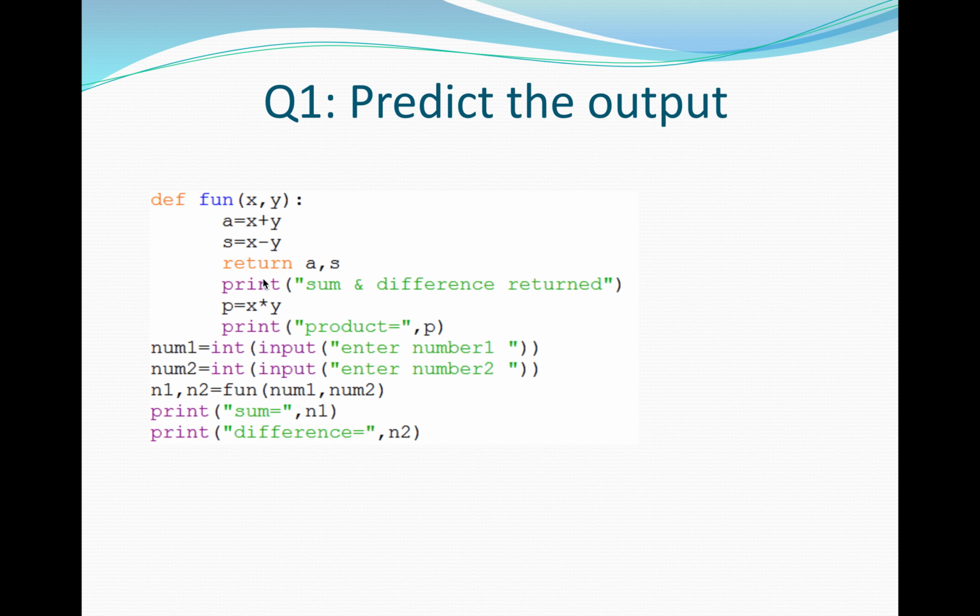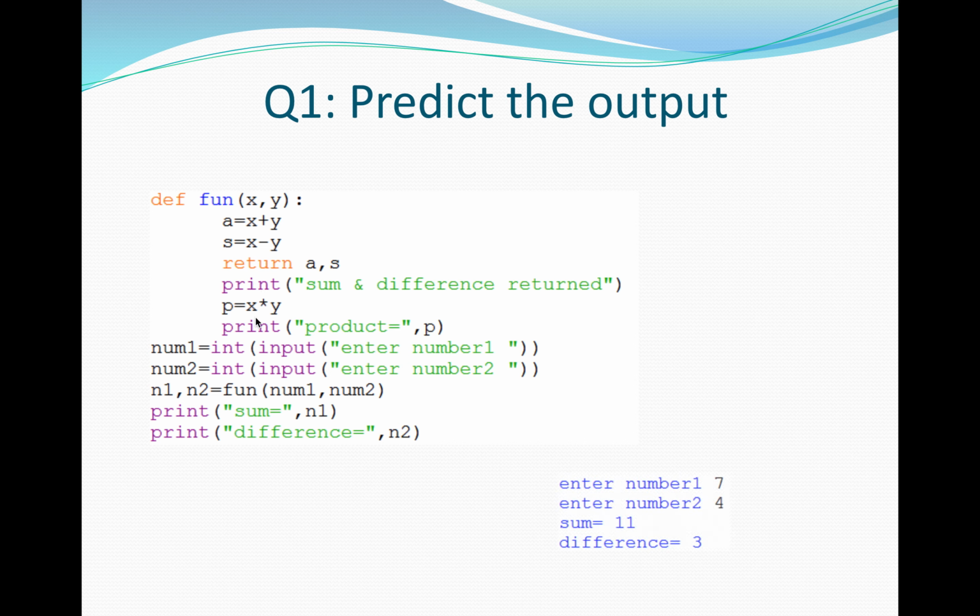Listen to one thing. After the return statement, three more statements are there: print sum and difference return, then again calculating the product and display. So what happens here is, whenever we use a return statement in a function definition, if you write any statement after the return statement, it will not be executed.